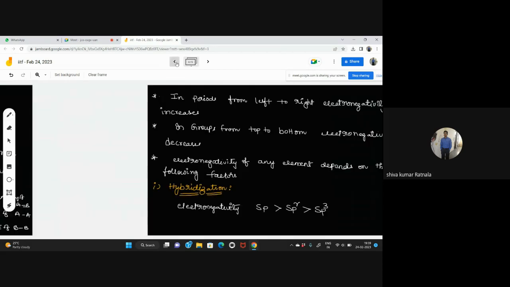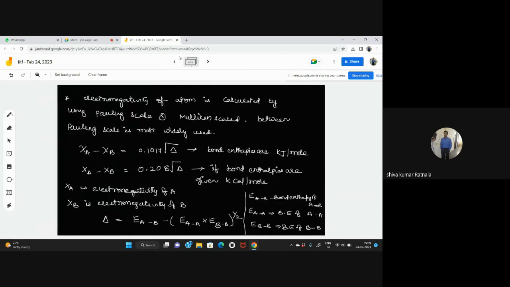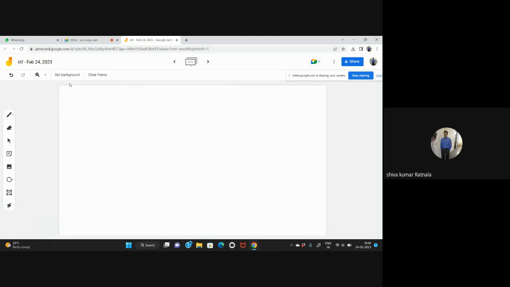Somebody asked me to show the previous page. Okay, let me take an example. We know the hybridization of these elements. What is the hybridization here? sp3.